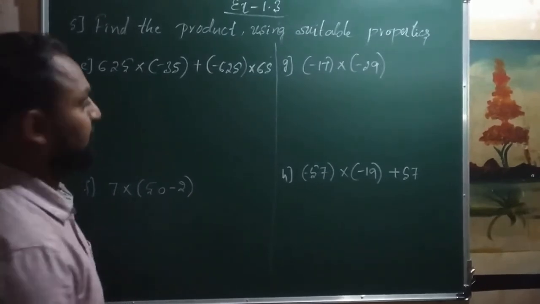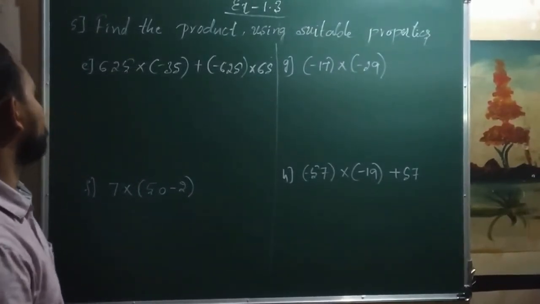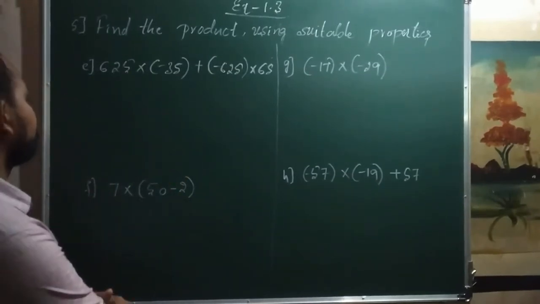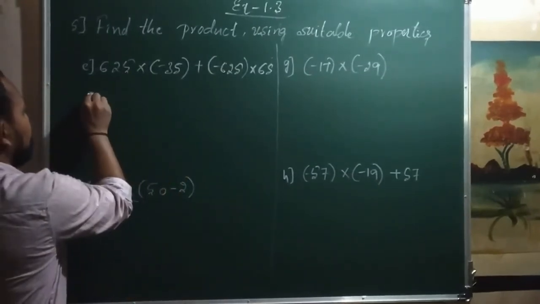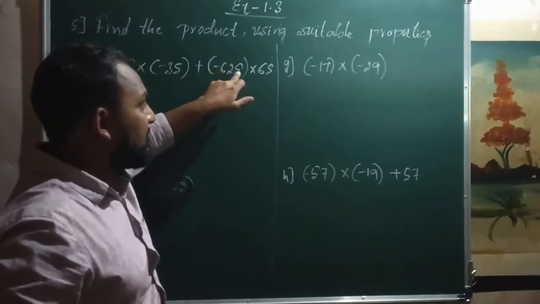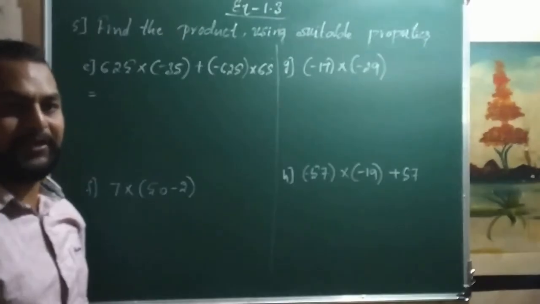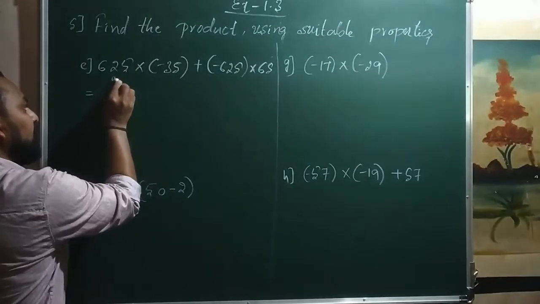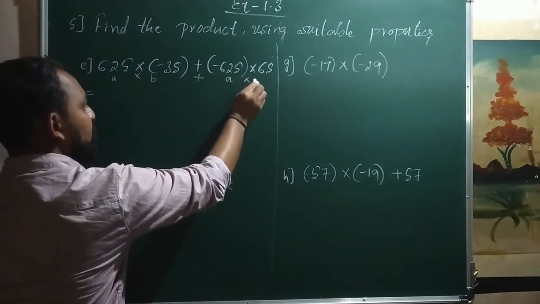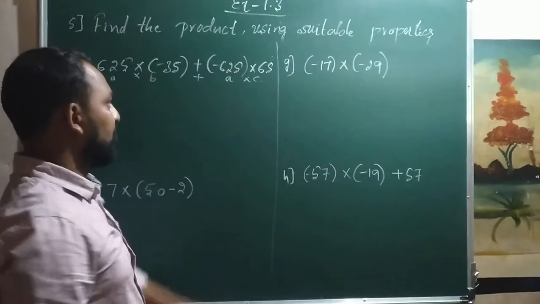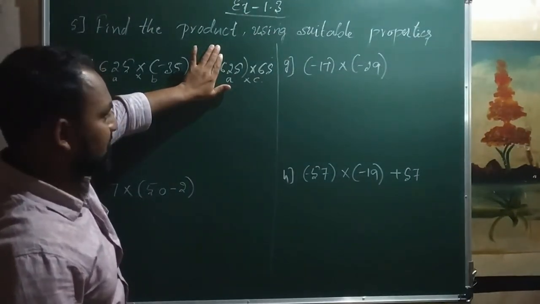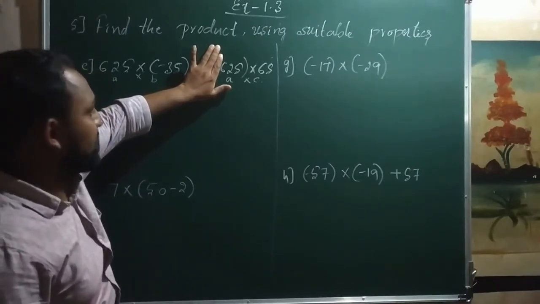In that question, let us take E, F, G and H. Here 625 into minus 35 plus minus 625 into 65. Here A into B plus A into C. Here 625 and 625.